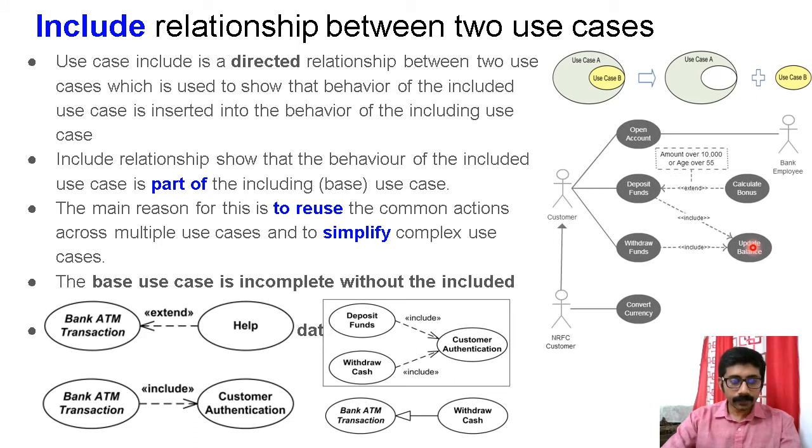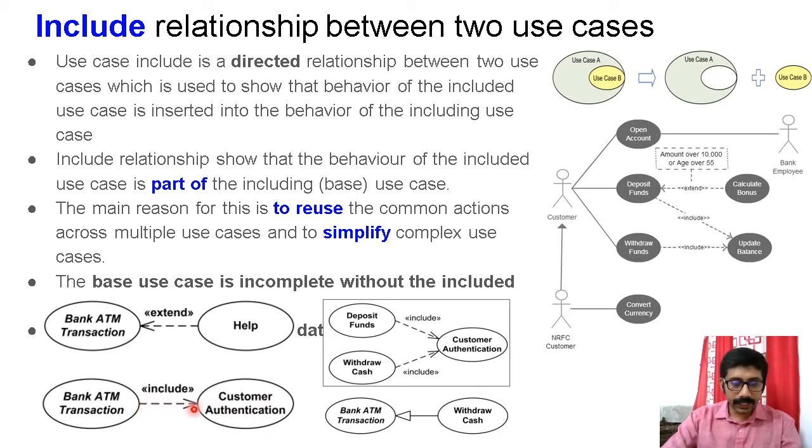And the representation in the case of include, see this example here. Banking transaction is a base use case. Customer authentication is included in banking transaction, so it is not optional, it is mandatory to insert the functionalities of the included use case.